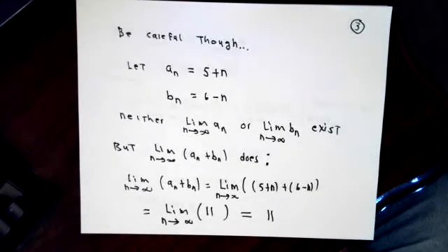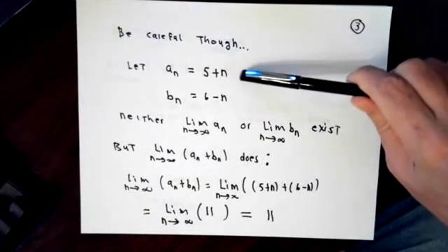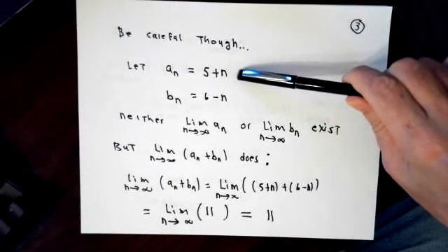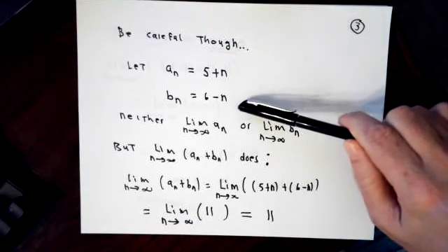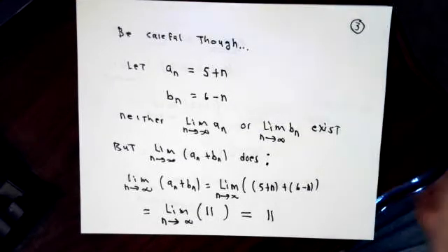You do have to be careful that you're talking good sense, though. If AN is 5 plus n, then obviously the limit as n tends to infinity of AN doesn't exist, which we would write as equals plus infinity. The limit of the BNs, 6 minus n, also doesn't exist, but the limit of the sum does.